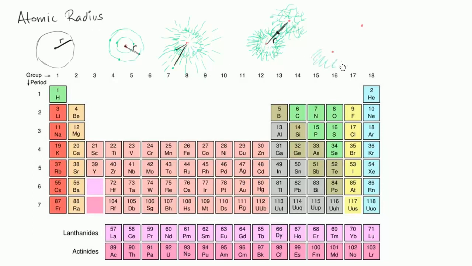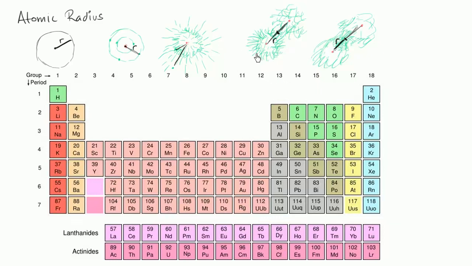So their electron clouds actually overlap with each other. So in a covalent bond, the electrons in that bond can spend some of their time on this atom and some of their time on this atom right over here. And so when you have a covalent bond like this, you can then find the distance between the 2 nuclei and take half of that and call that the atomic radius. So these are all different ways of thinking about it.